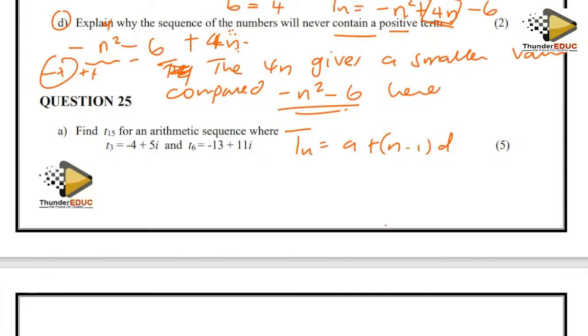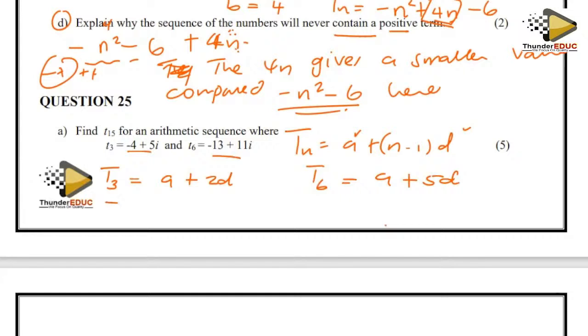We don't know the value of a, and we don't know the value of d. T3 is going to be a plus 2d, because n is 3 minus 1. Then T6 is going to be a plus 5d. Where there is T3, I'm going to replace that, and where there is T6, I'm going to replace that.